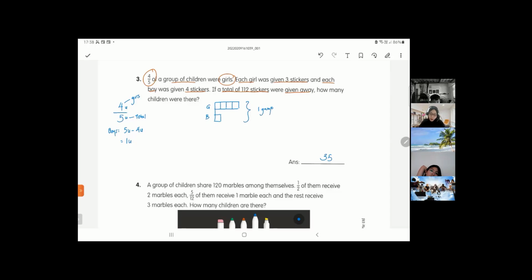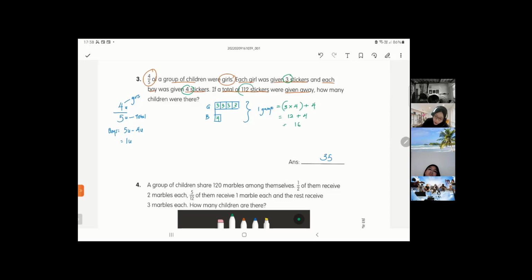And then in one group, each girl received 3 stickers, each boy received 4 stickers. So girl 3, 3, 3, 3, boy 4. So in one group, what is the total number of stickers? What do we do? 3 times 4 plus 4. Okay, equals to 12 plus 4, I get 16. This is in one group.